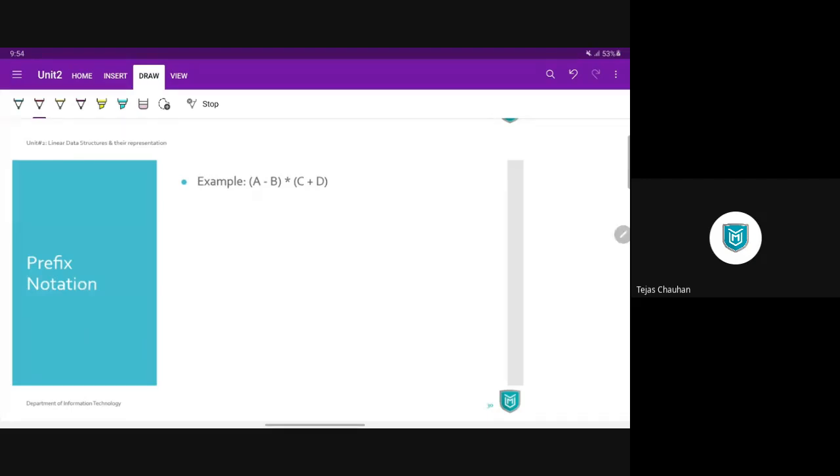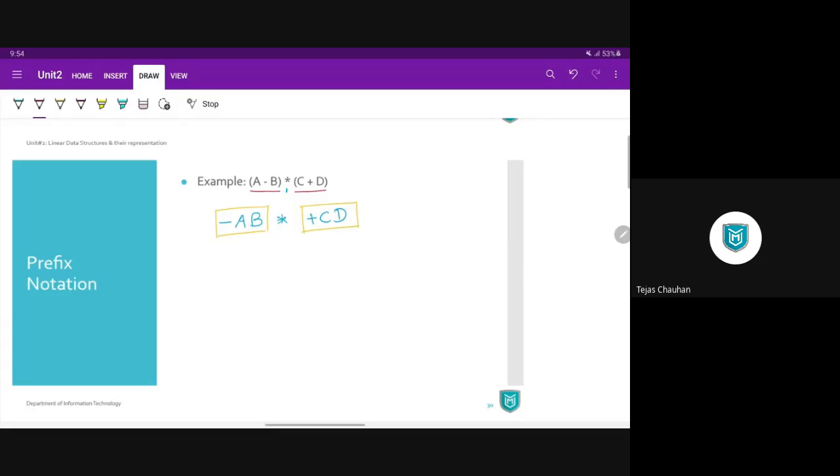Now there are parentheses, so we are going to solve those parentheses first. A minus B becomes minus AB, and C plus D becomes plus CD, as this is a prefix one, so we are going to prepend our operator. Now consider these two as single entities, and the remaining operator we have is star here.